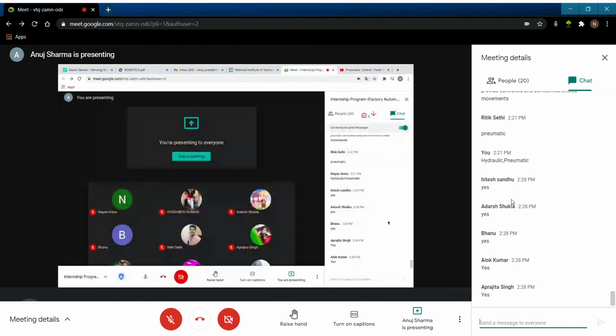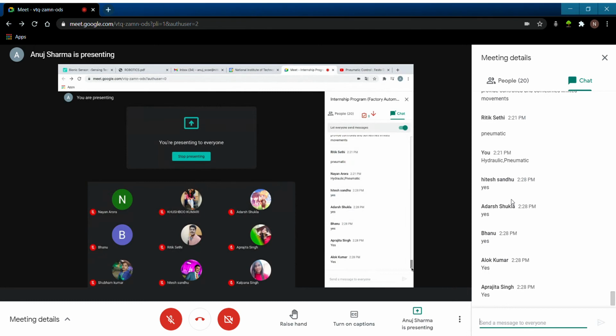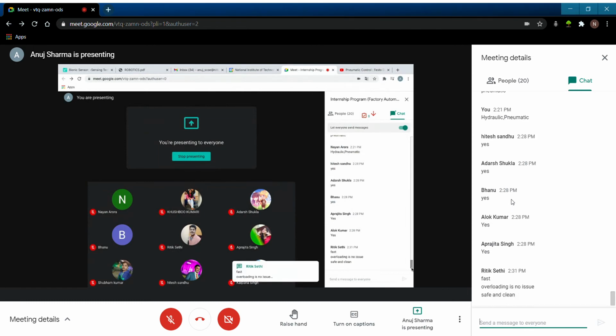Now can you tell me the advantages of pneumatics, why pneumatics is so relevant for industries? Fast, overloading is not an issue, it is safe and clean. Yes, correct. I need answers from others also. The answers can be repetitive, but I need answers.